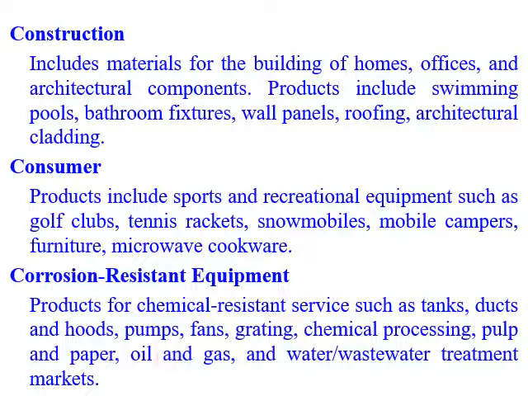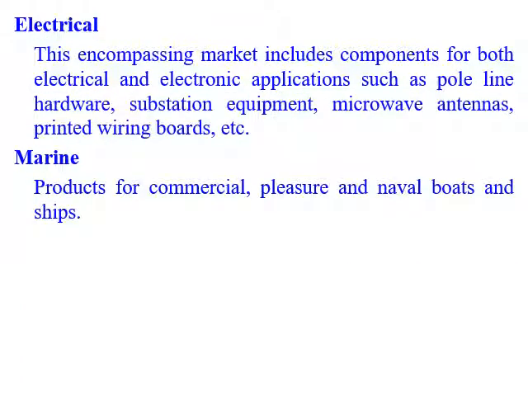The products which require corrosion resistance, like pumps, in marine applications. In the electrical field, we go with switchboards, switch boxes, or panels, even the coating of the cables. So we can find a number of composite materials in day-to-day life.